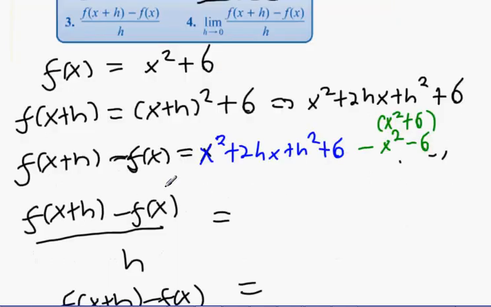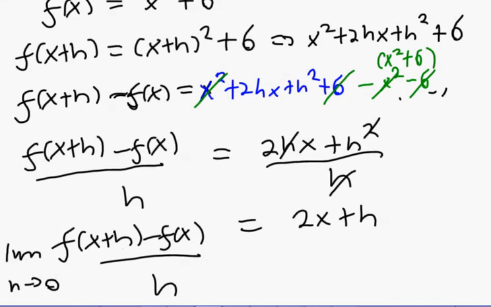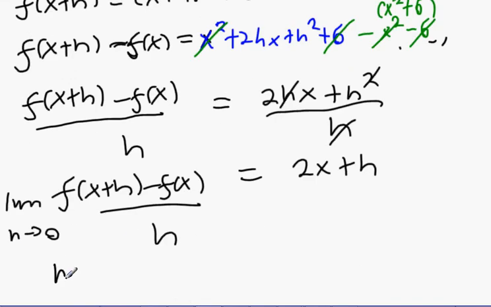What cancels? x squared cancels, and look what we have left over. 2hx plus h squared all over h. Cancel, cancel, cancel. 2x plus h. When h approaches 0, it's going to be 2x.